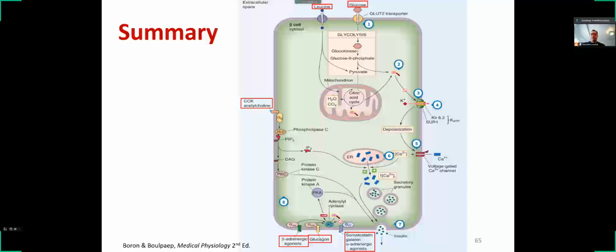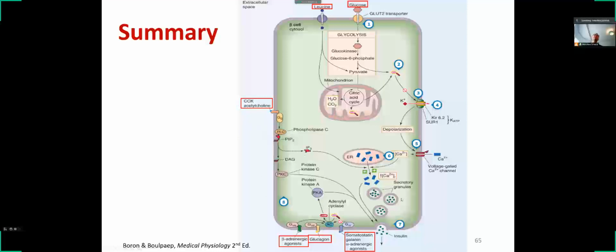So this kind of summarizes all of those alternative points of control of insulin that I mentioned to you. You've got the somatostatin, galanin, alpha adrenergic. You've got your glucagon receptor. You've got your beta adrenergic and alpha adrenergic receptors. You've got your CCK and acetylcholine inputs.